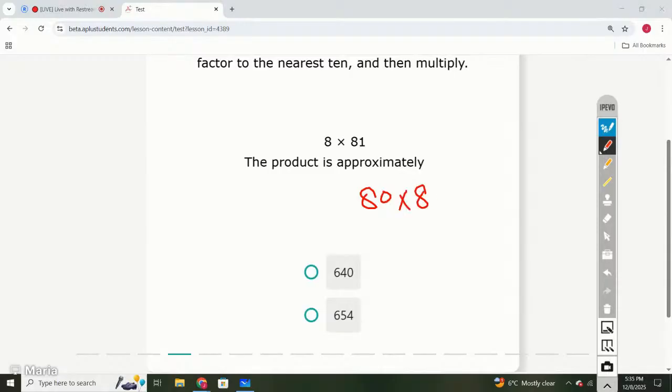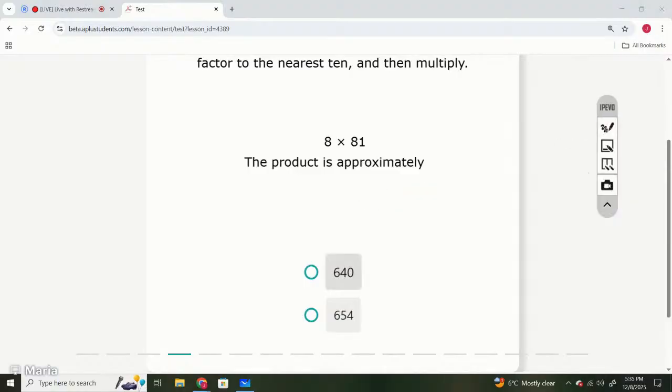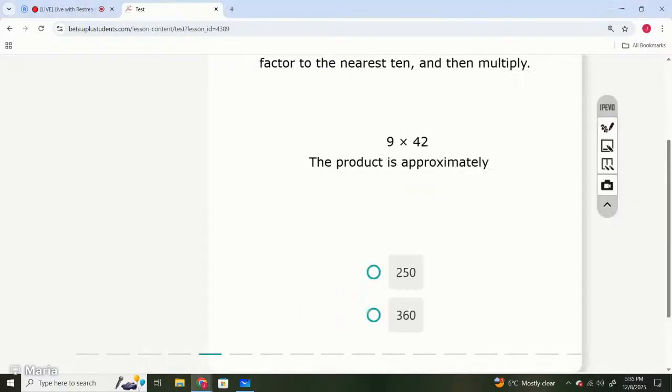So which is the correct option? We have to do 8 times 8. So 8 times 8 is very good, 64. So that is 640. Option number 1 is the correct option.